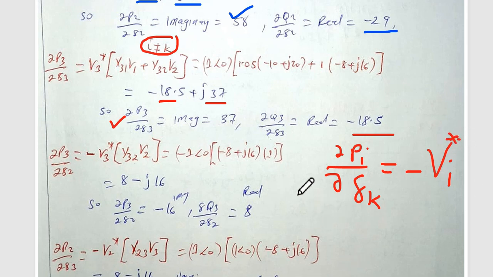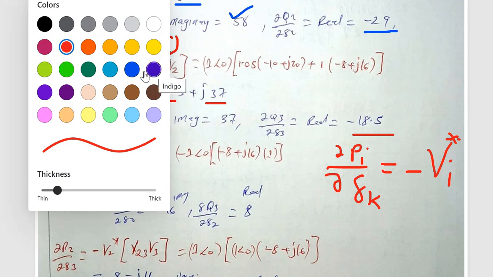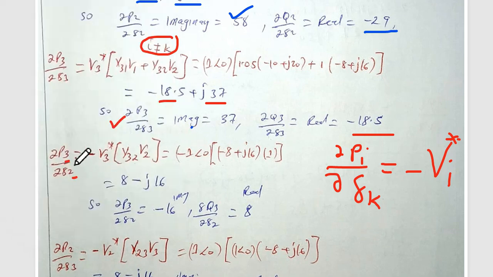So negative of V3 conjugate Y3, you can see it's very easy. You have 3 here and you have 2 here. So it's just Y32, negative V3 conjugate, negative of 1 angle 0 into this, which is 8 minus j16.